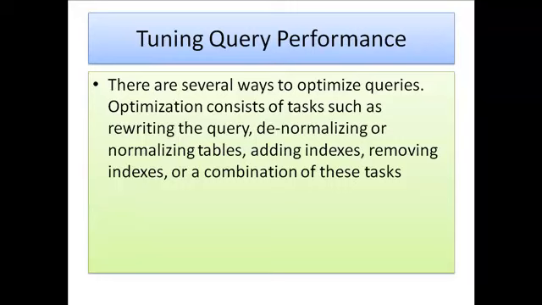As well as normalizing tables, by using tools like the query advisor tool, or manually, you can identify whether you need to add indexes to the table or remove indexes, or a combination of these tasks, all of which impact the performance of the query.